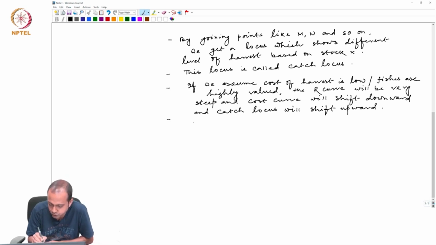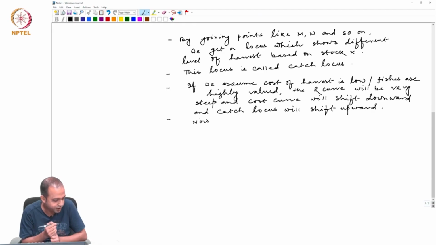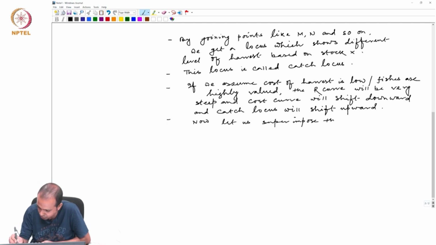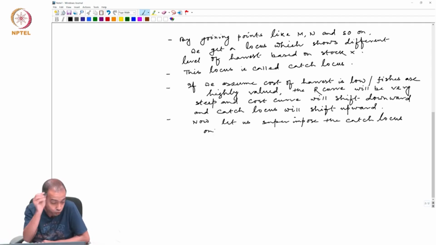Now let us superimpose the catch locus on the growth path that we have discussed earlier.